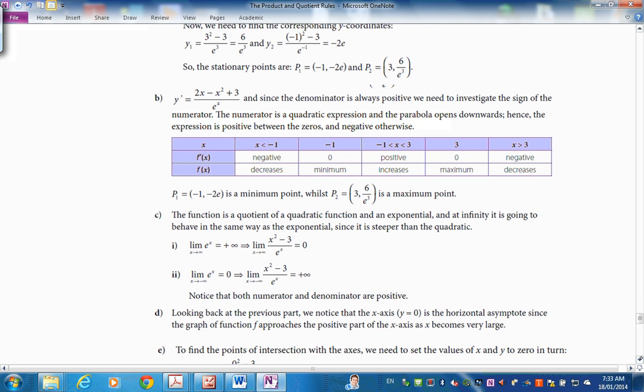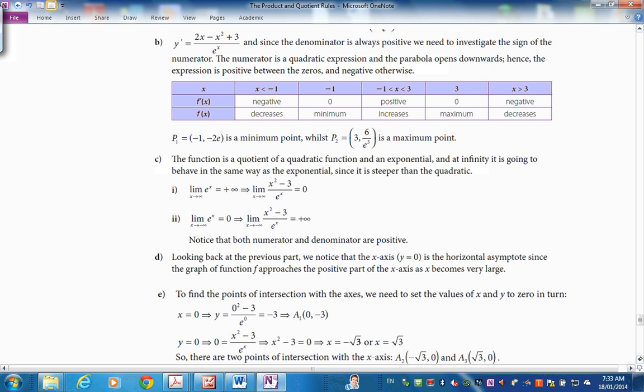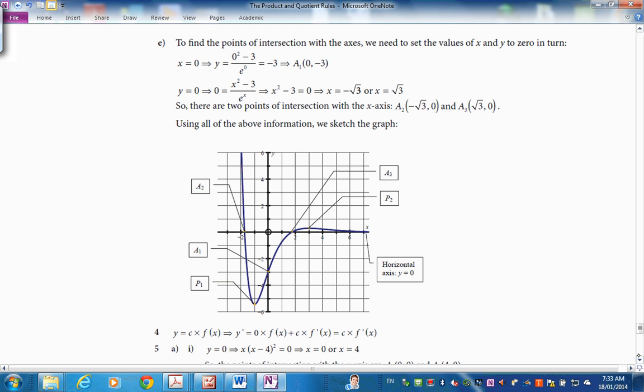Let's see if we can get the rest of 3. Big question 3, lots happening there. Rest of E in 3.